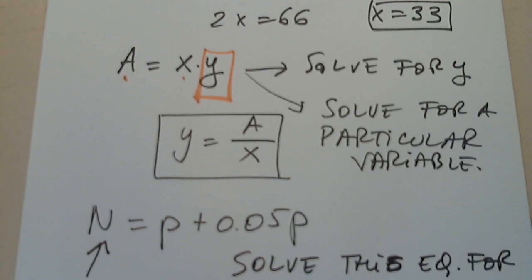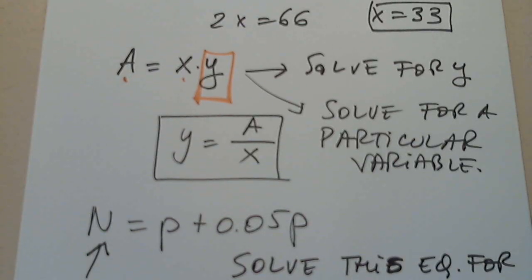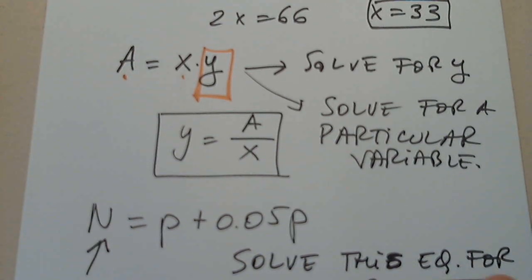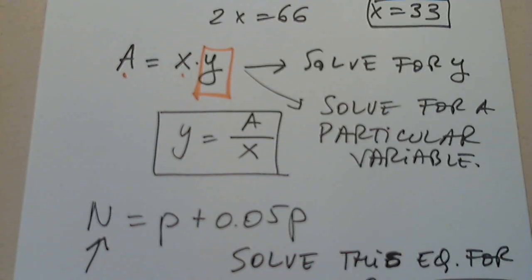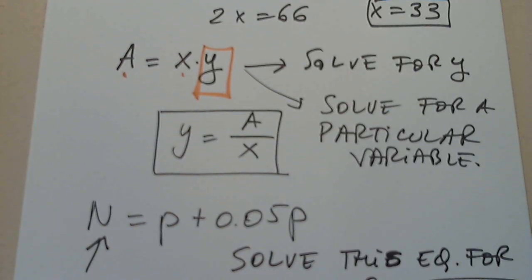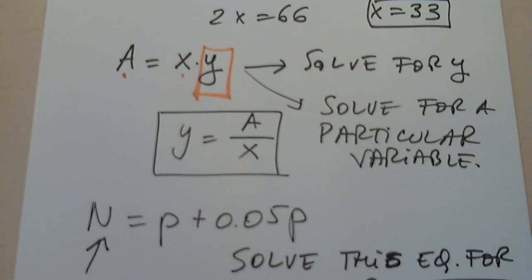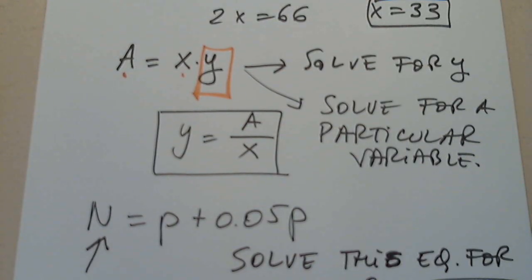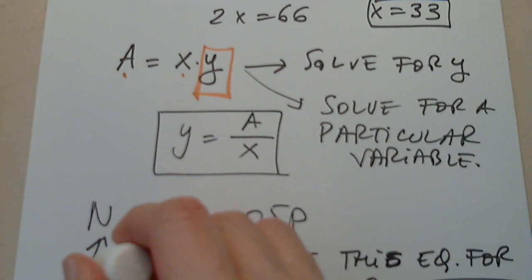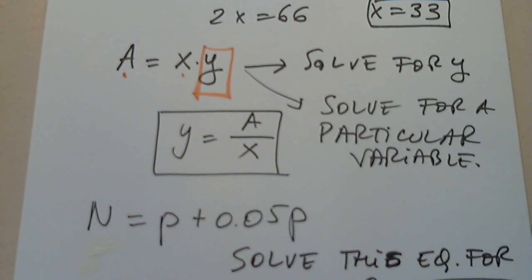So P is 4,400. So this is correct. This is correct. But this is not. So this I have to delete from here. So we wanted to solve for P, because that was important. That's what I wanted to do, which is fine. But what they want us to do is find N when P is 4,400. Good. So let's do that.